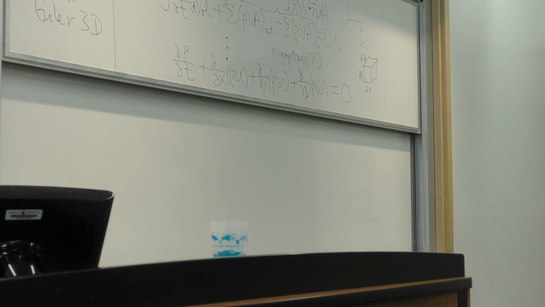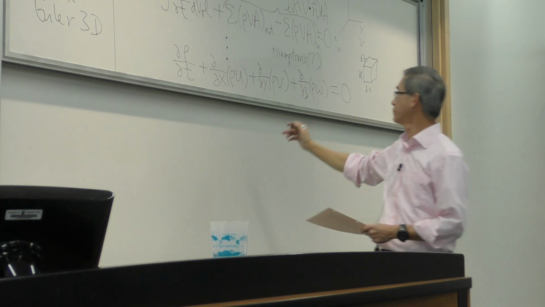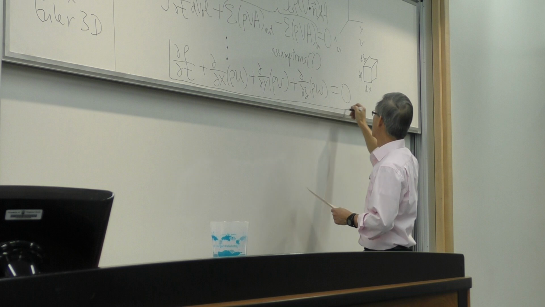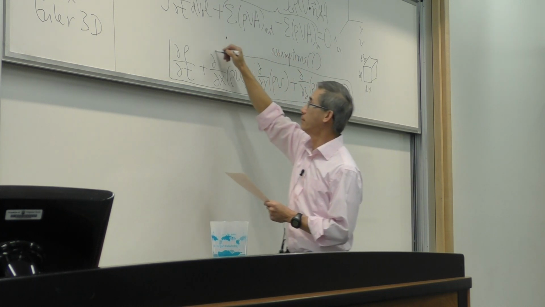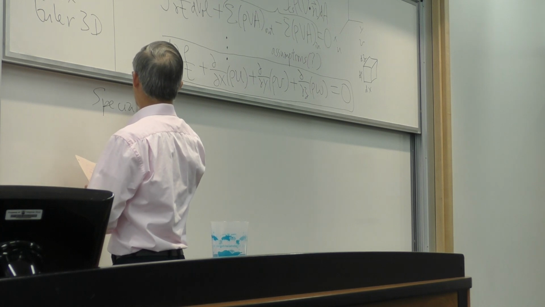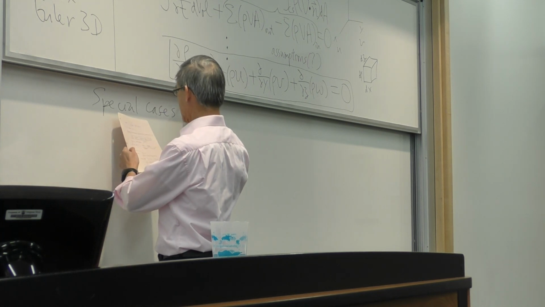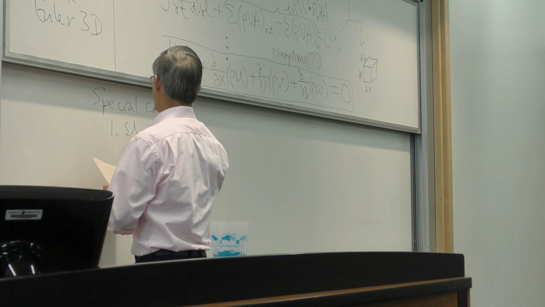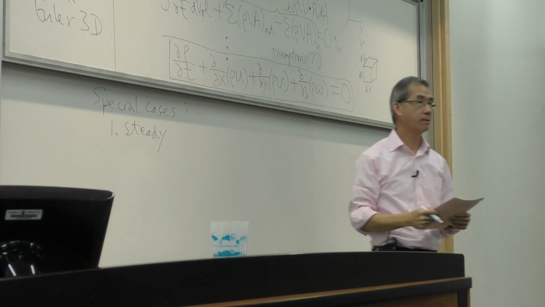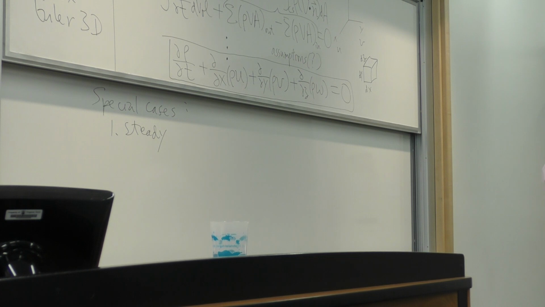Okay, so first look at some special cases of this general equation in differential form for continuity. What if I tell you the flow is steady? So some special simplified cases just to get a hang of how the equation can be used. Steady problem, how would you simplify that equation above?